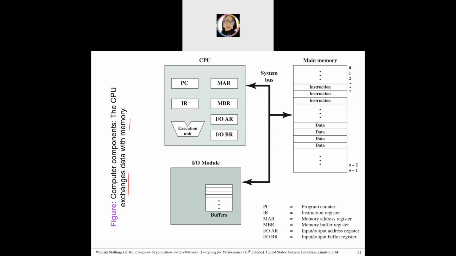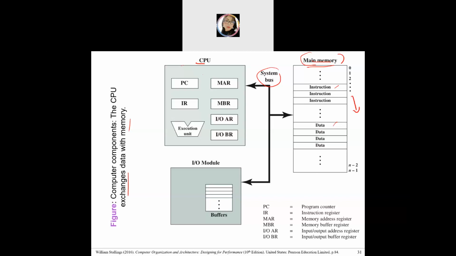So you have a CPU here and you have a memory, and they exchange data between themselves using a system bus. In memory, you have instructions and data. This one is the total number of memory locations, the size of the memory.